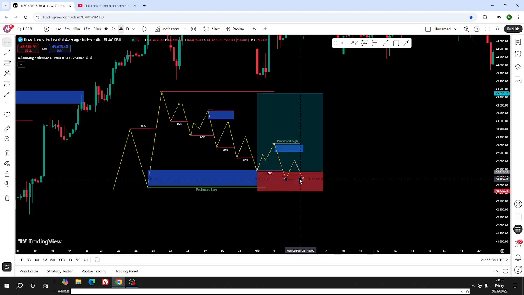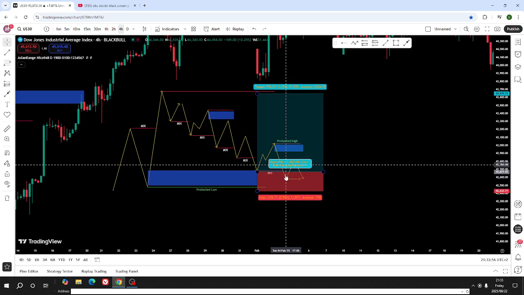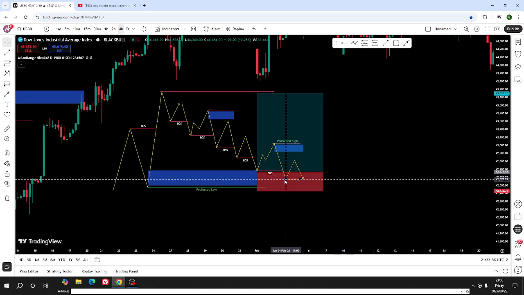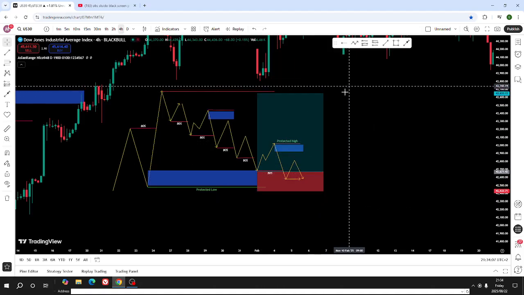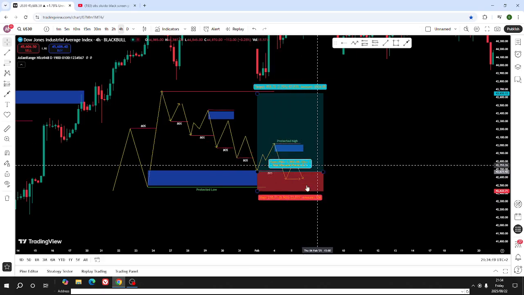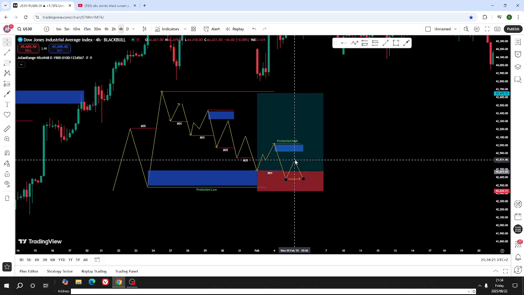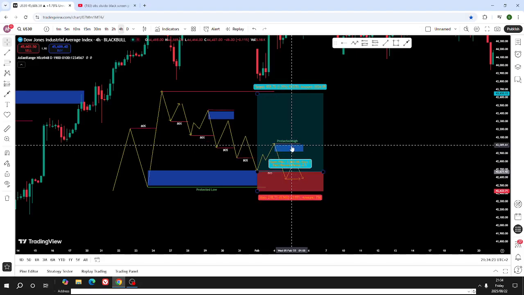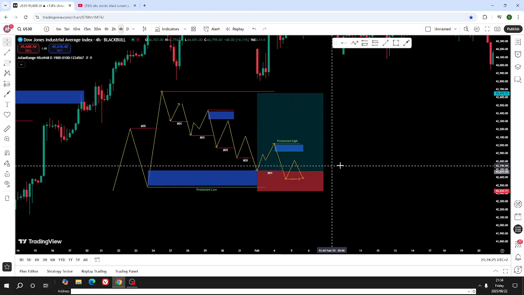As this low gets swept, if you check which high made this low, this low that is swept is created by which high? By this high, right? And then also this high is going to be the target. So 1, 2, both these highs are going to be the target.